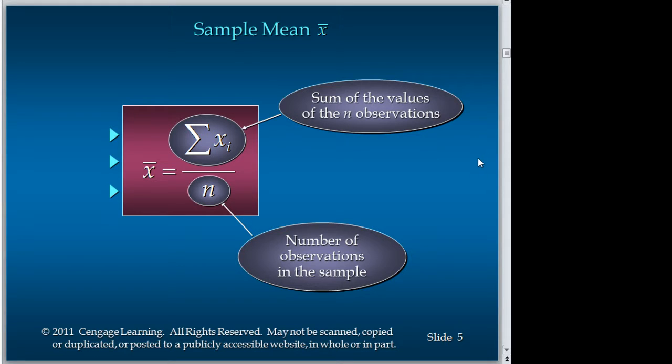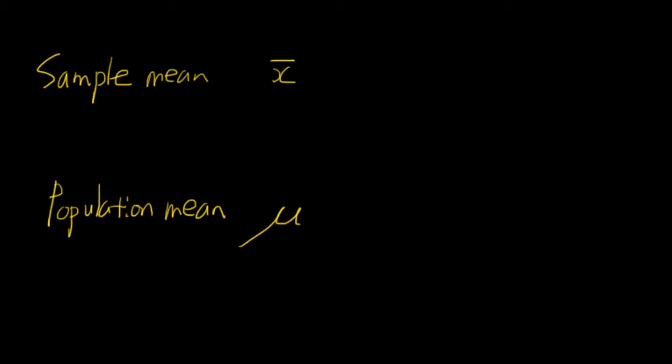So how do you find the sample mean and population mean? Well, as you can see, on the blackboard, you figure out the sample mean using sigma x over n.